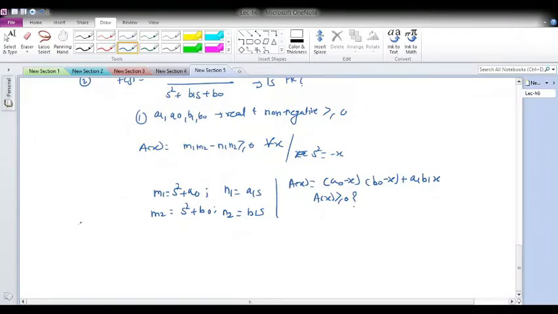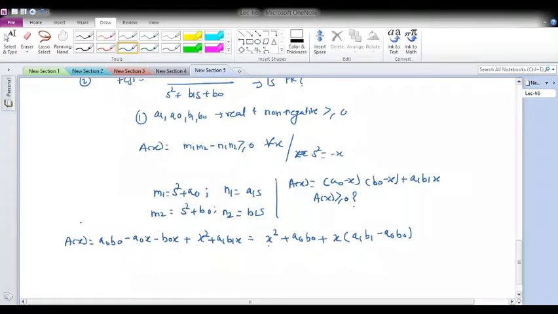So your a of x will be a0 b0 minus a0 x minus b0 x plus x square plus a1 b1 x, and this can also be written as x square plus a0 b0 plus x times a1 b1 minus a0 b0.